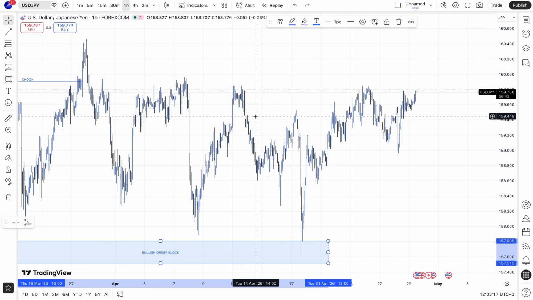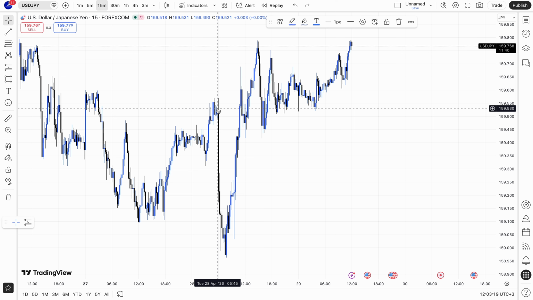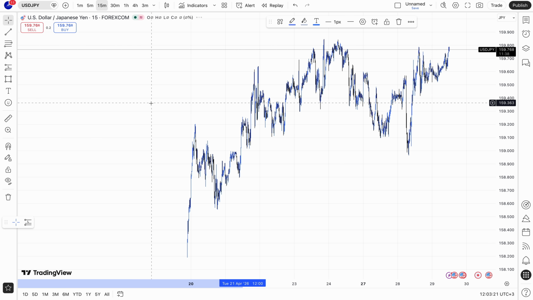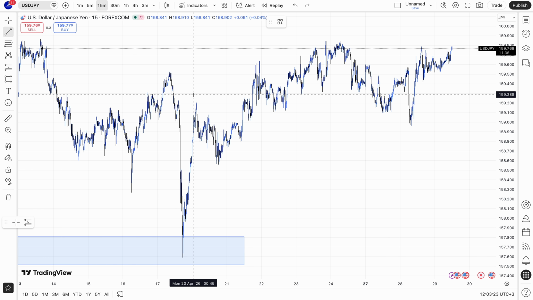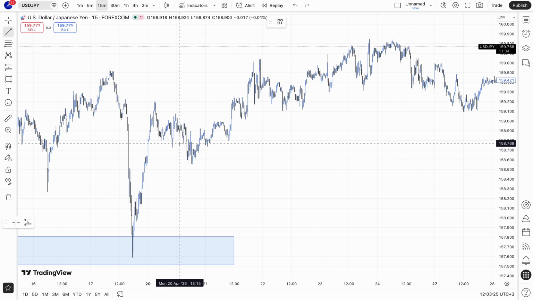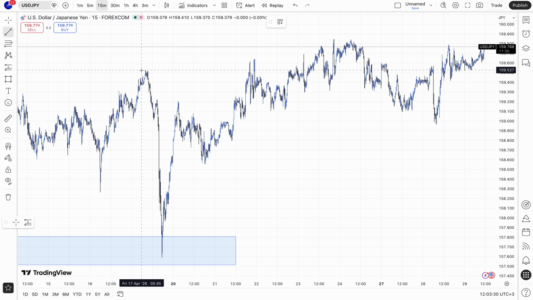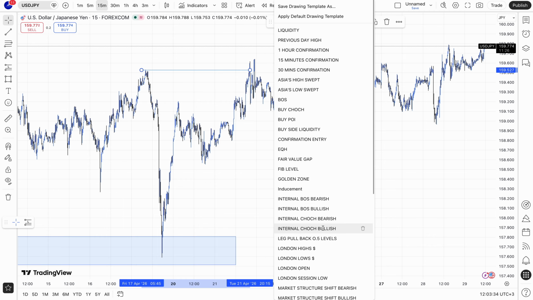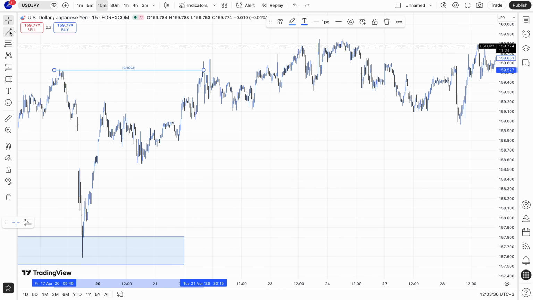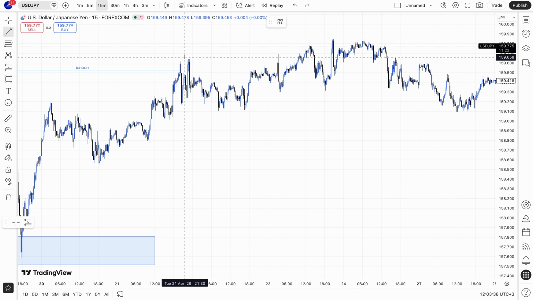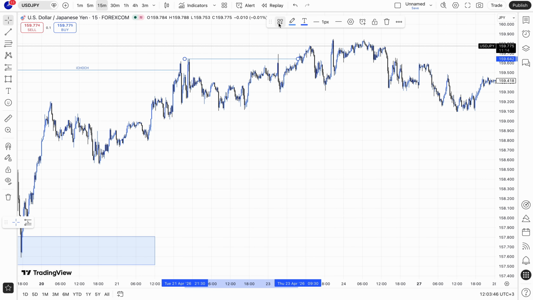After sweeping this liquidity to the downside, then you have to move to 15 minutes for our internal market structure. Our internal market structure, you can understand this was our change of character to the upside. Then it was a nice, clean pullback to the downside, and then a continuation with a break of structure to the upside.